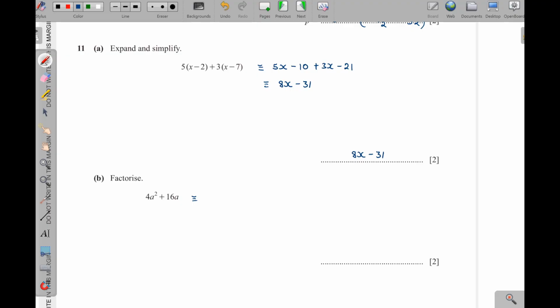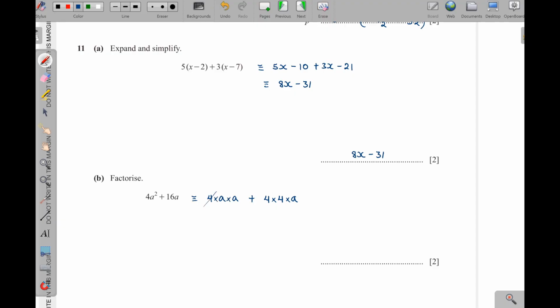This one is the same as saying 4 times A times A, then plus 16. 16 is the same as 4 times 4, not so? So I will say 4 times 4, then times what? The A, not so? Now what is common in here is what I pull out.